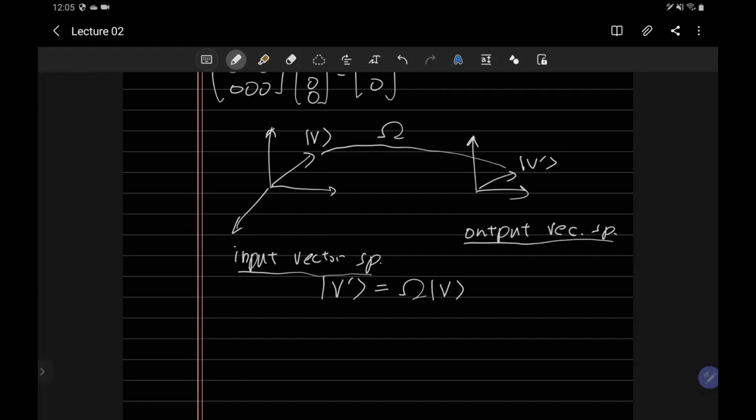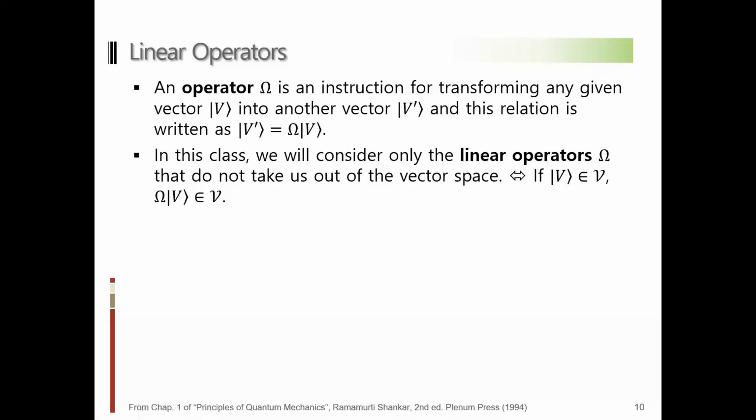The main reason I might use a different vector space is that I'm considering different bases, and to represent a different basis, rather than drawing everything in the same coordinates, I might use a separate coordinate like this. As I mentioned, we are only considering the same vector space for the input and output.